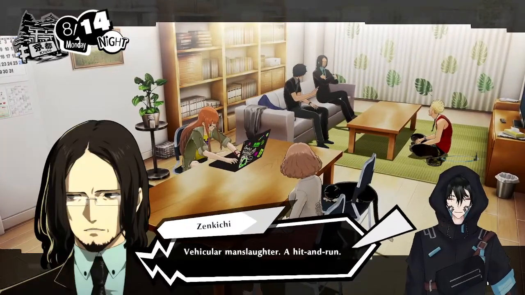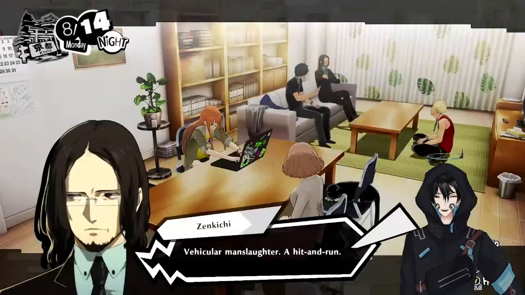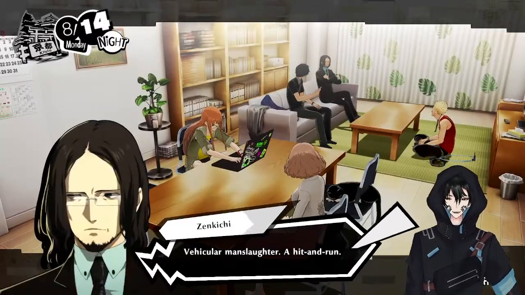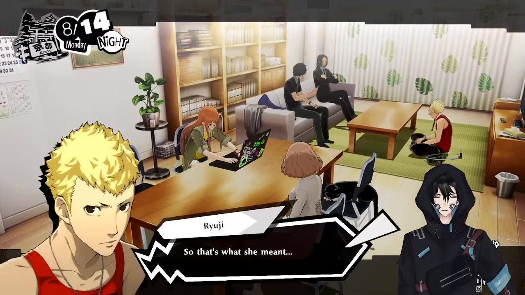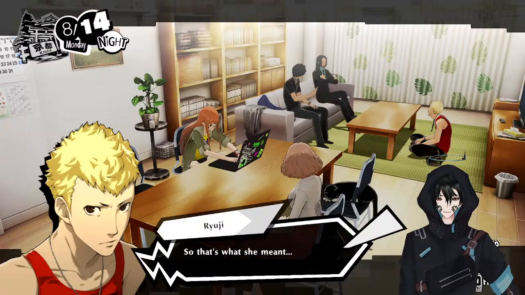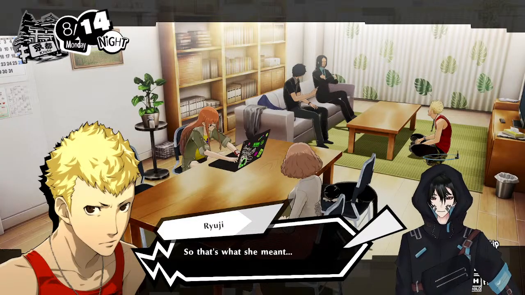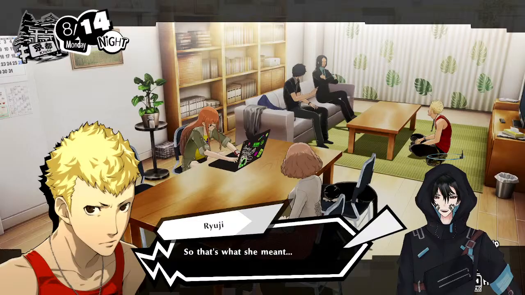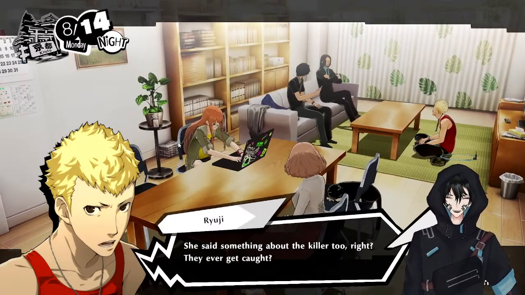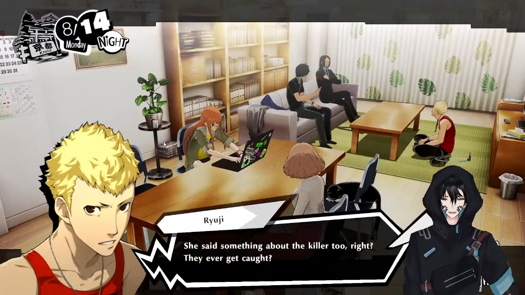Vehicle monster. Hit her. Fucking Truck-kun! Another isekai! That's what she meant. She said something about the killer too, right?